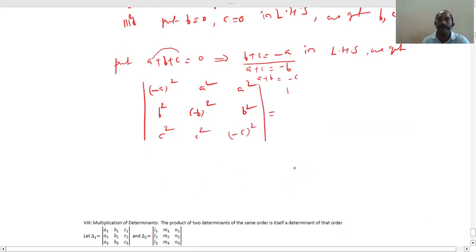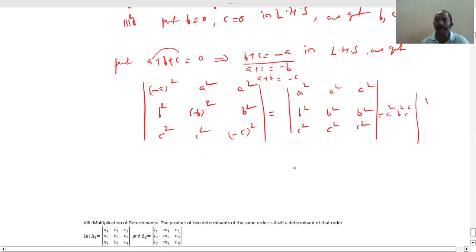How many rows are identical or how many columns are identical? Can you guess it? Take a square as common from the first row, not matrix. B square is a common factor from the second row. C square is a common factor from the third row. Therefore, after taking common factors, the matrix becomes 1, 1, 1, 1, 1, 1, 1, 1, 1.